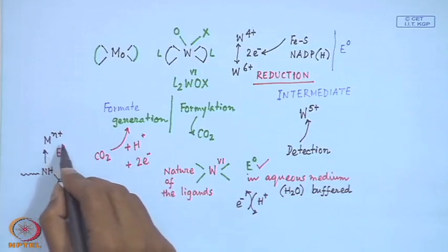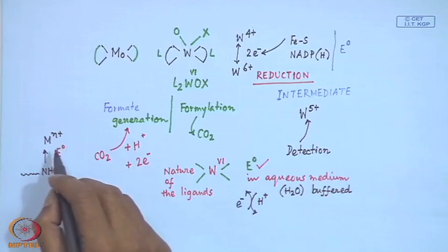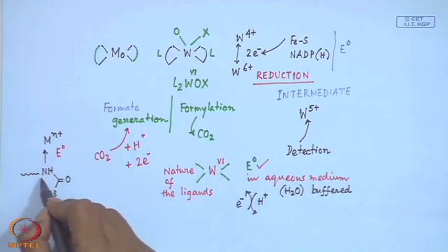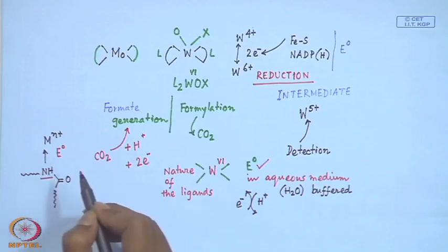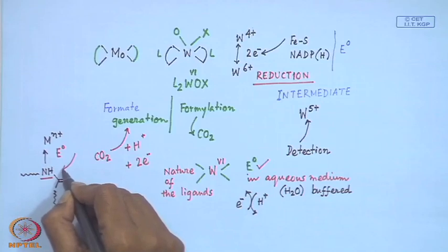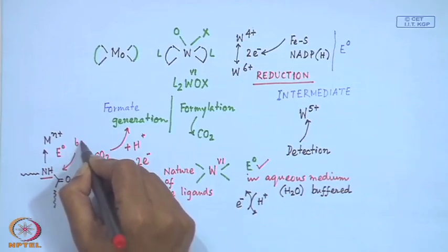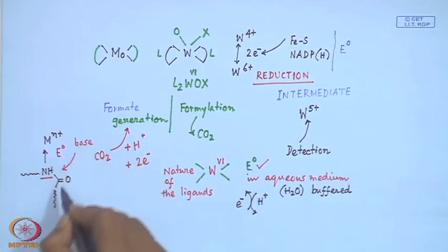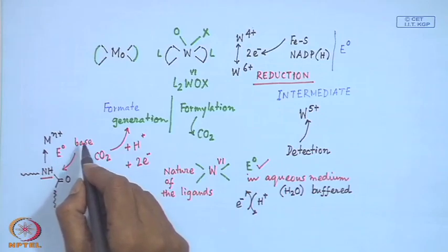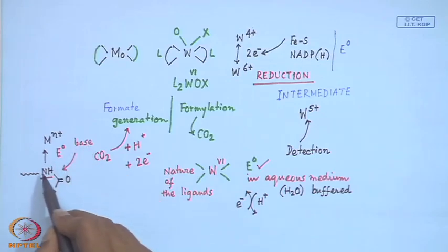So, if we are going to monitor the corresponding oxidation reaction, we expect that some potential value is there where this hydrogen is attached to the amide nitrogen. But if we add some base, and the base is taking up this proton, so H plus is removed by the base, and our amide function is functioning as N minus.